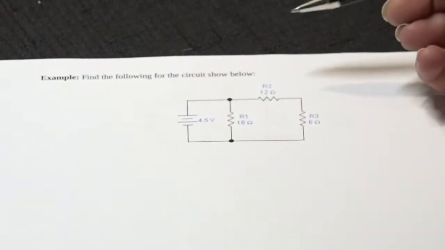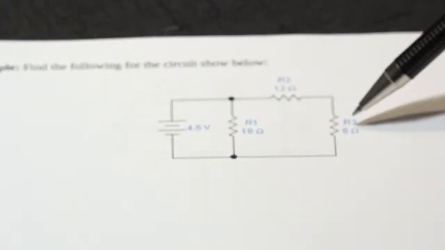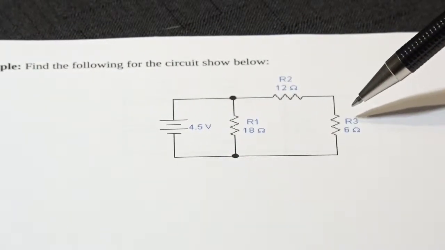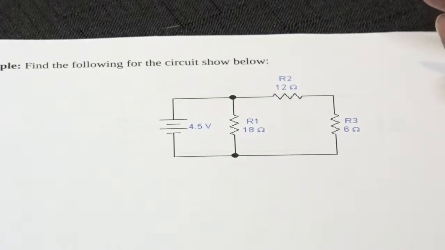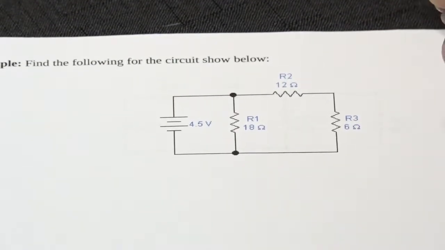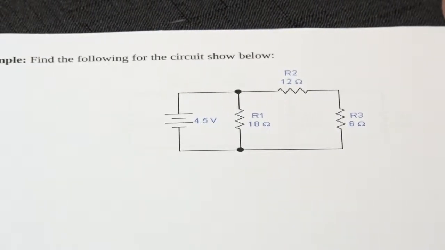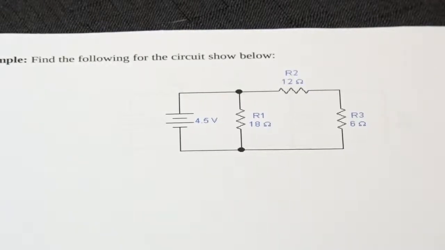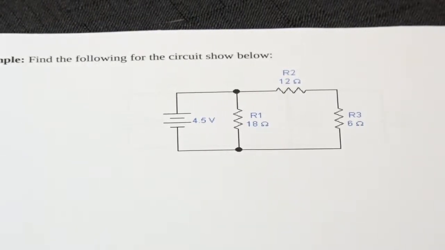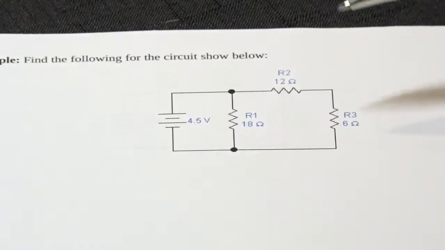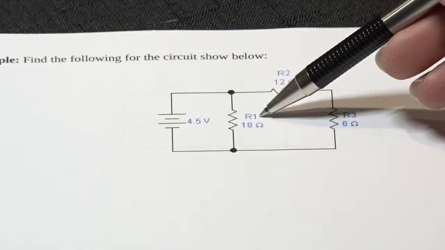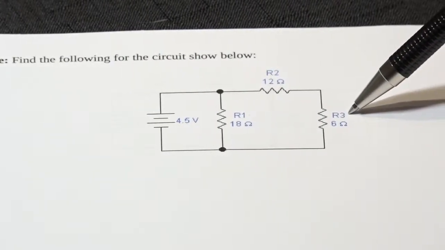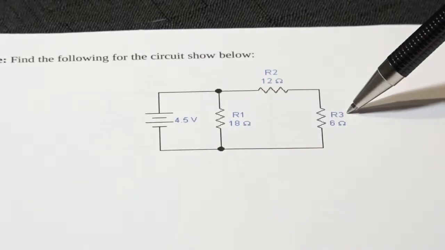Now, we have 3 resistors. Now, the key for series parallel circuit analysis is what things are in series and what things are in parallel with each other. Now, a lot of people would physically look at this and they'd say, okay, 18 and 6 are in parallel with each other, but we got a problem with that.